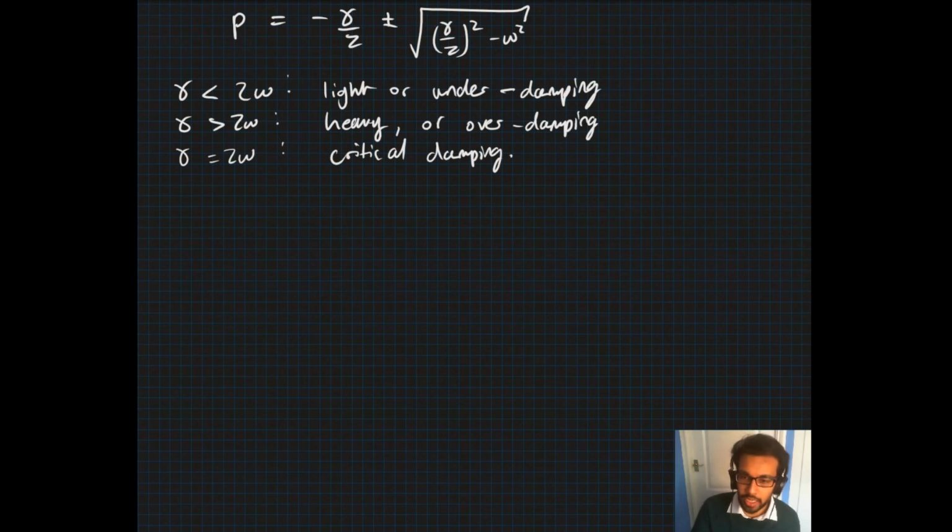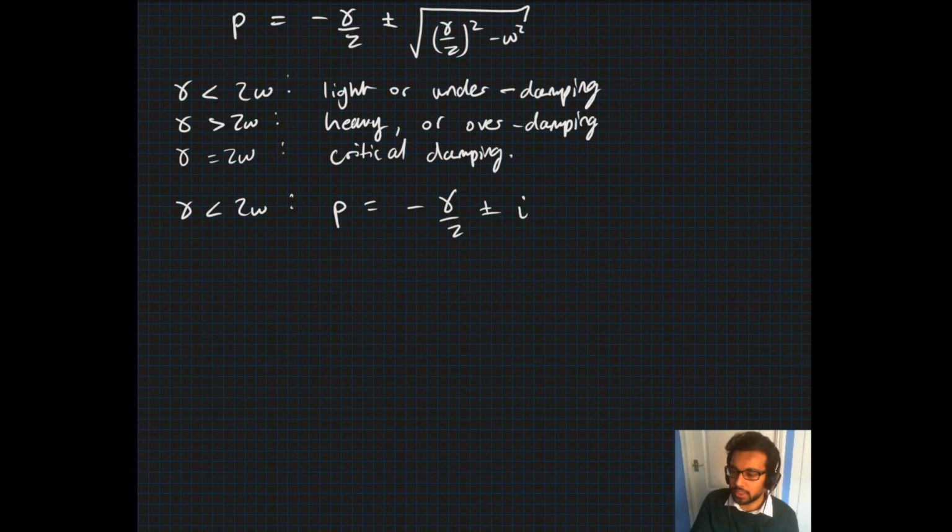So if we have gamma less than 2 omega, let's look at this case first. It's better to write this as p equals minus gamma over 2 plus or minus i times, taking the negative of what's inside here, the square root of omega squared minus (gamma over 2) squared.